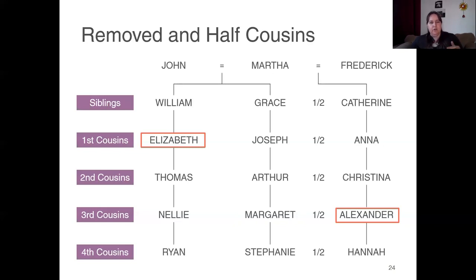So we're going to go up 2 generations to Anna, and notice that Elizabeth and Anna would be half first cousins. And then we count down the number of generations that Alexander is, so he's 2 generations down. So Elizabeth and Alexander are first half cousins twice removed.